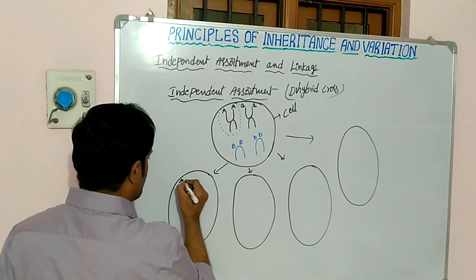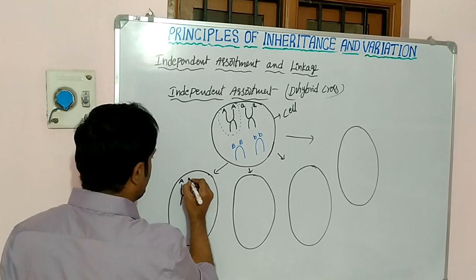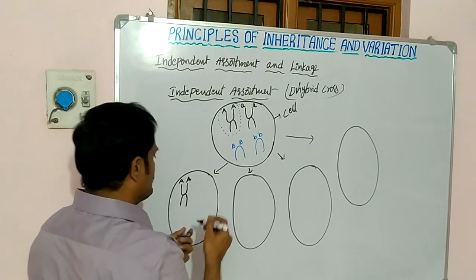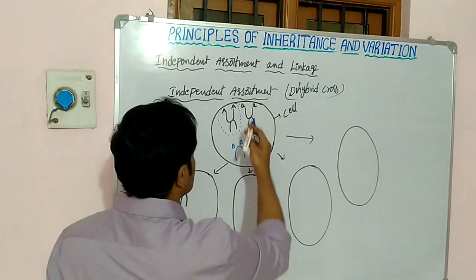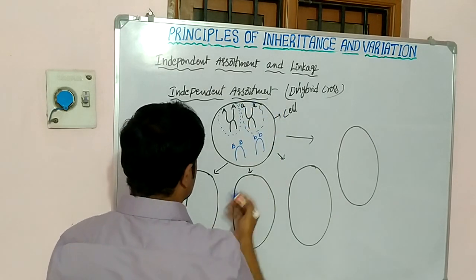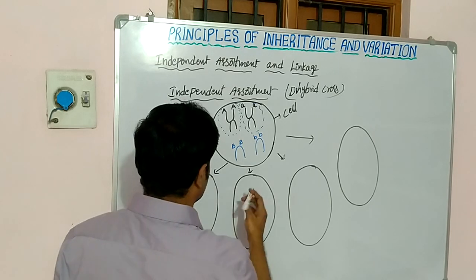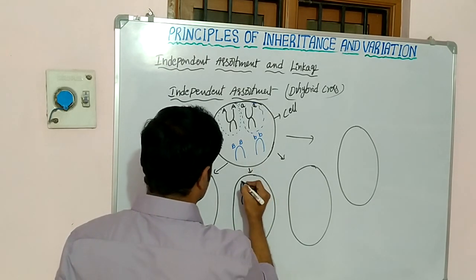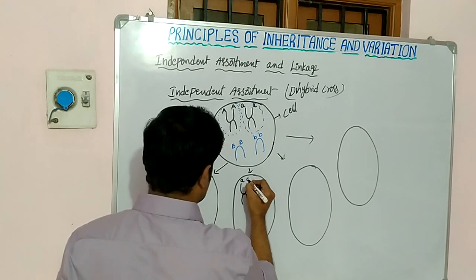What kind of genes? Capital A, capital A. The second one reaches into another cell. Again I will draw here. What are they? Small a and small a.